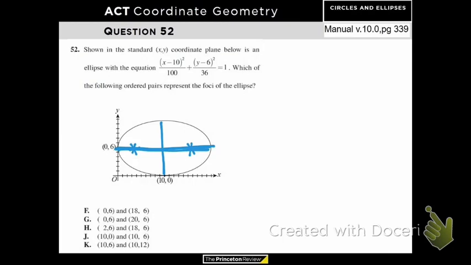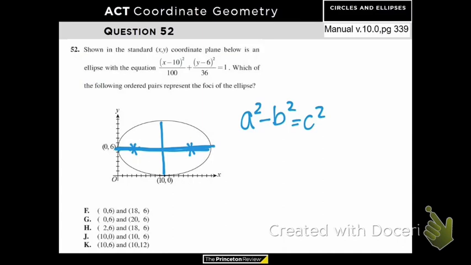The equation that I would use to find it is a squared minus b squared equals c squared. But you probably don't have to have that memorized. As long as you have an understanding of where the foci should be, you can probably figure this out just using my options.